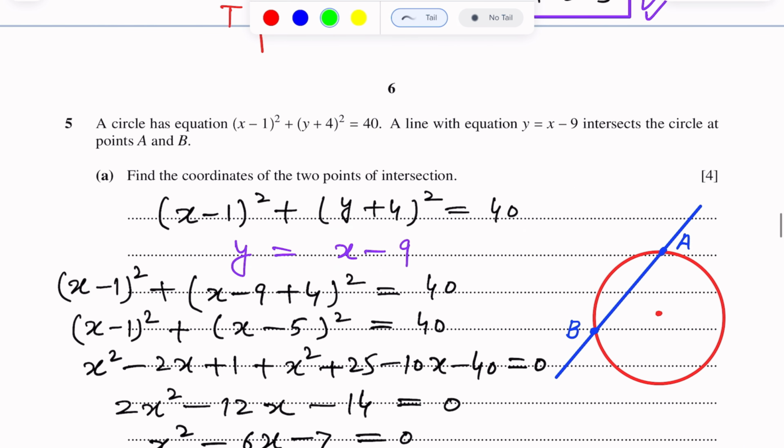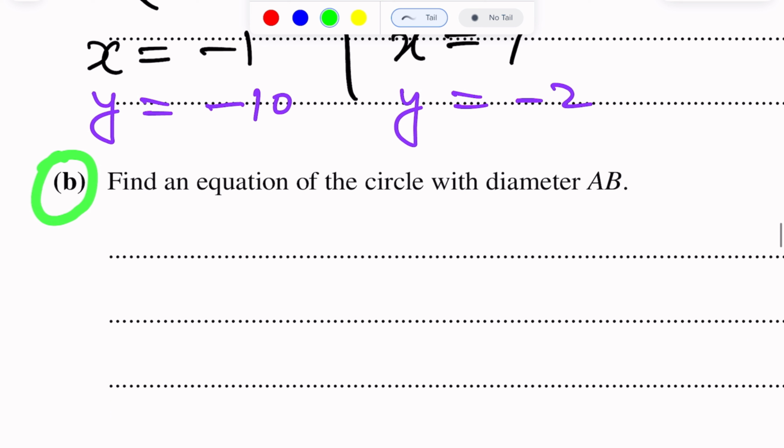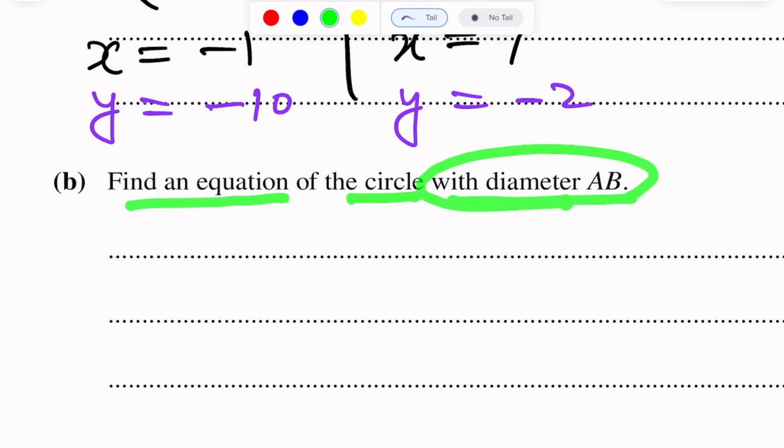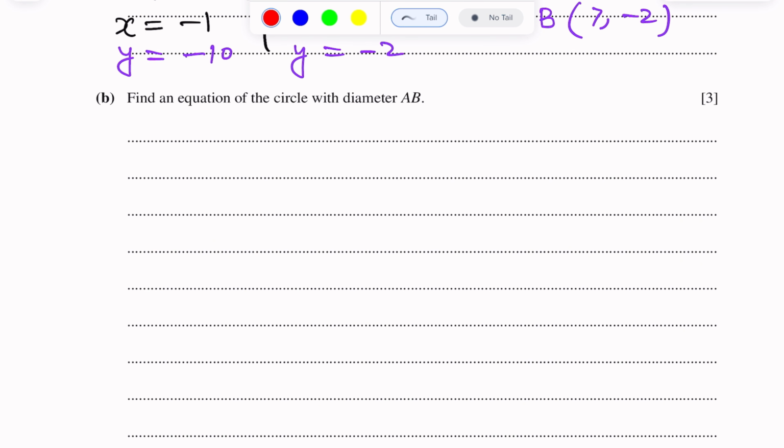Now the next part of this question is part B. Find an equation of the circle with the diameter AB. We have already found the coordinates of A and B. So the diagram will be that this is a circle.